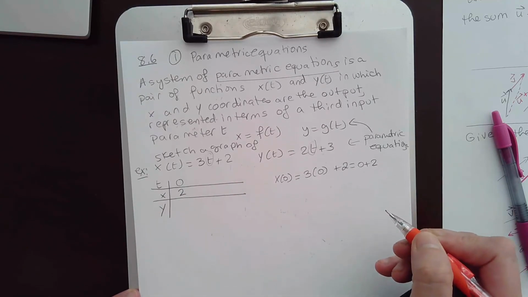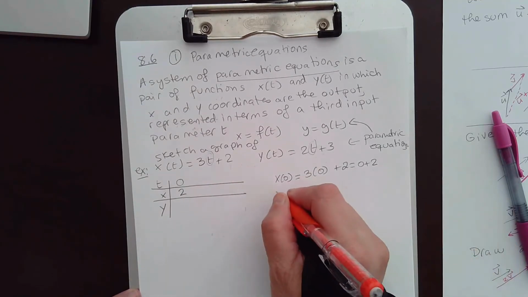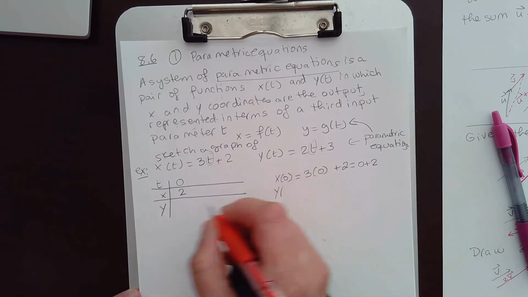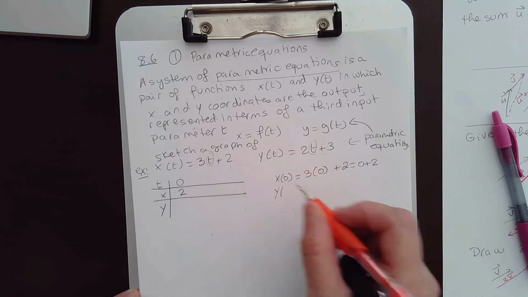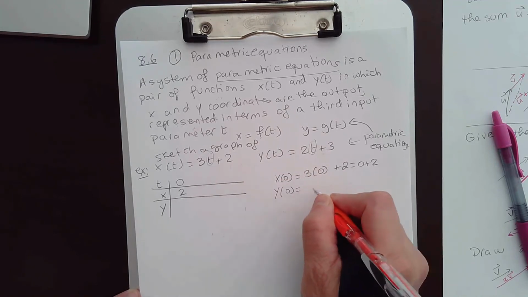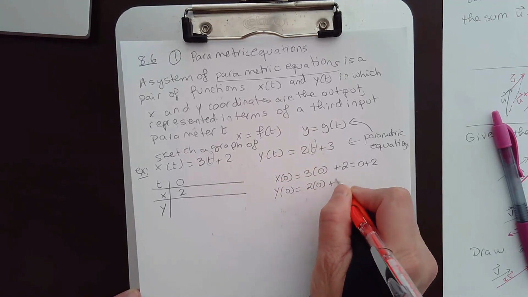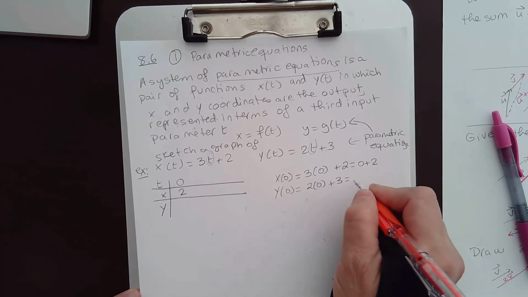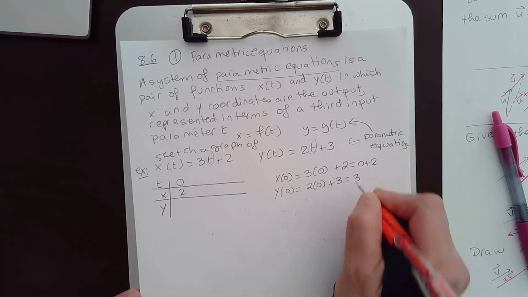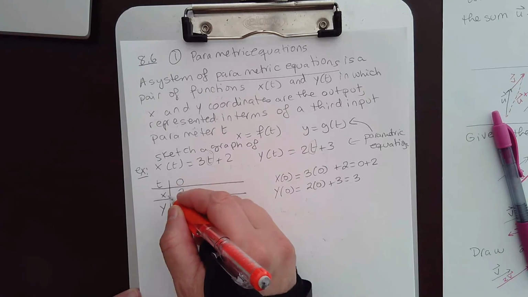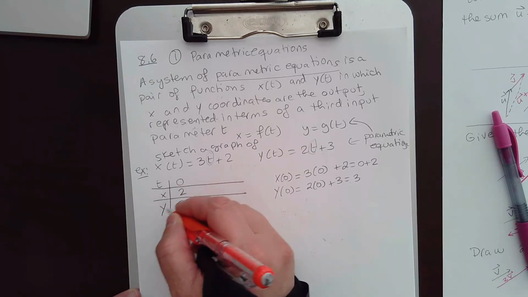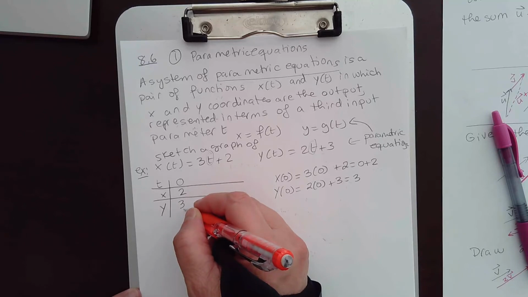But what is y? We plug in 0 for t in y(t). We replace t with 0, and we get 2 times 0 plus 3. 2 times 0 is 0, plus 3 is simply 3. So when t is equal to 0, x is equal to 2, and y is equal to 3. So the point on the graph would be (2, 3).